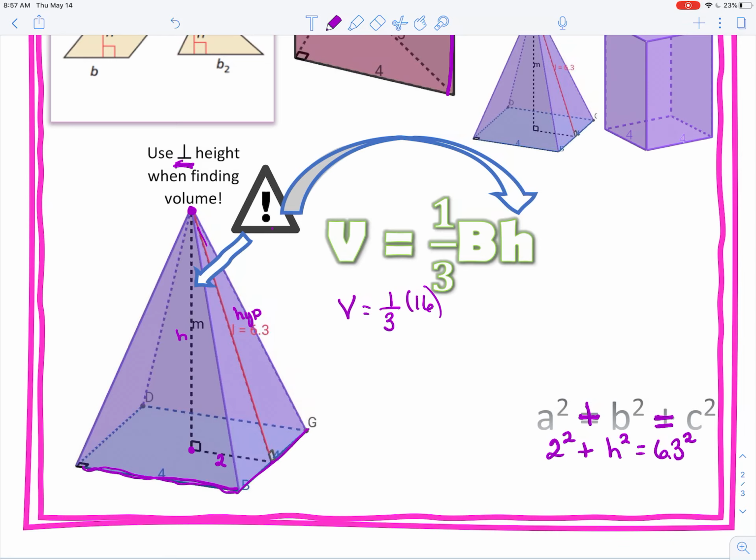And when we work this out, we will have 4 plus h squared equals, and I don't remember what 6.3 squared is off the top of my head. Good old calculator. All right, 38.69 if my calculations are correct.